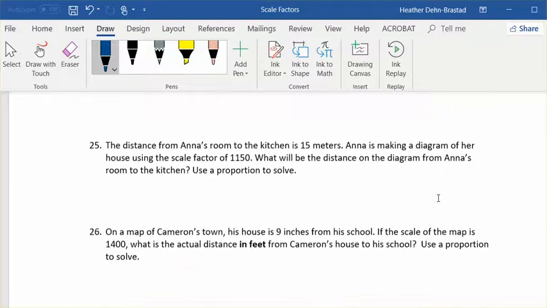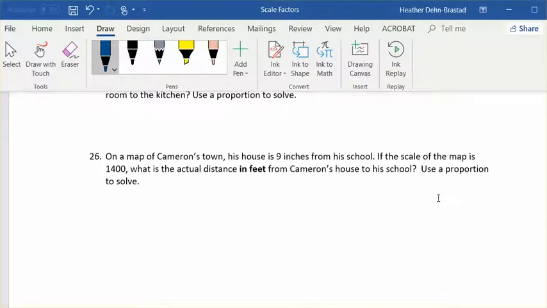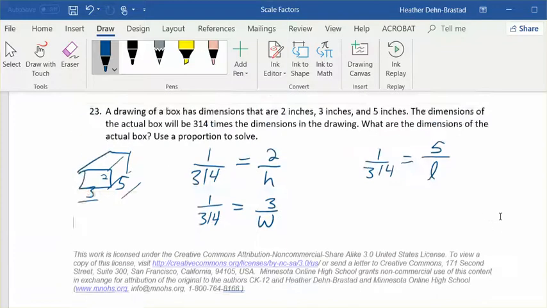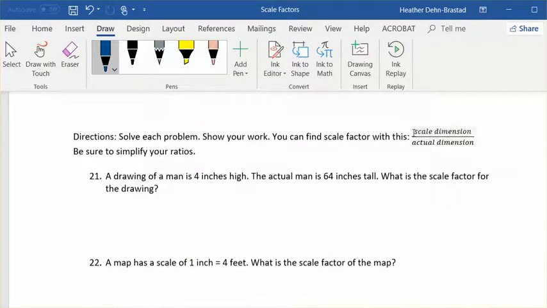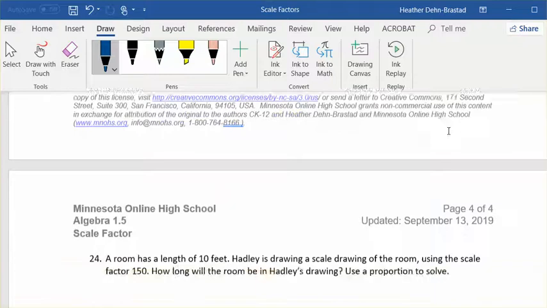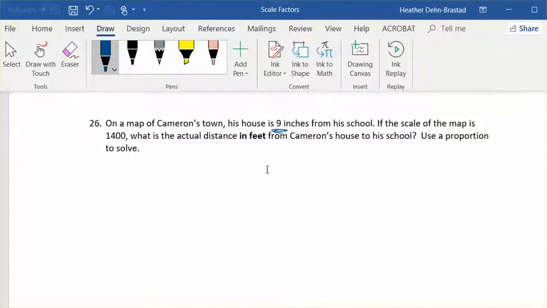And one more problem that I'll start for you, 26. So it says, on a map of Cameron's town, his house is 9 inches from school. That's the scale dimension. And then they also tell us the scale of the map is 1 over 1400.